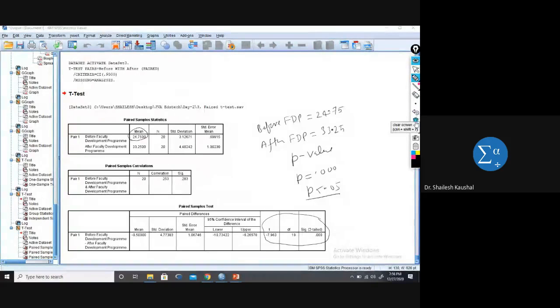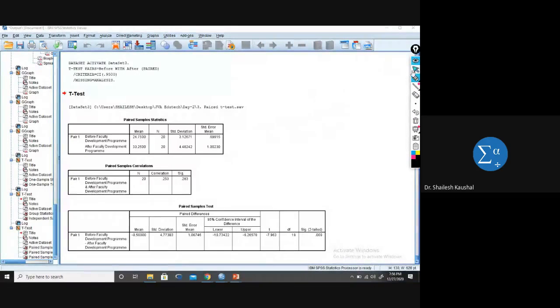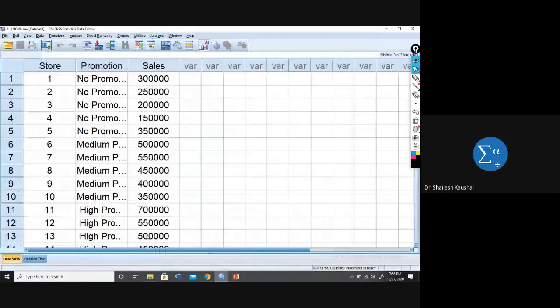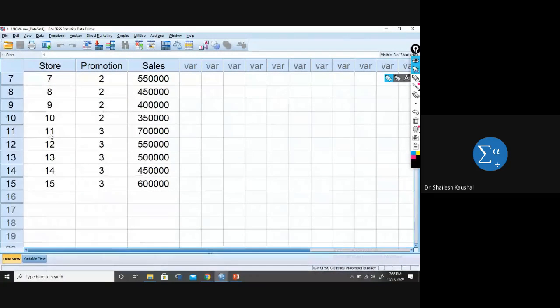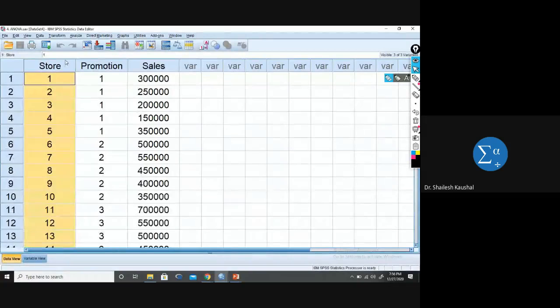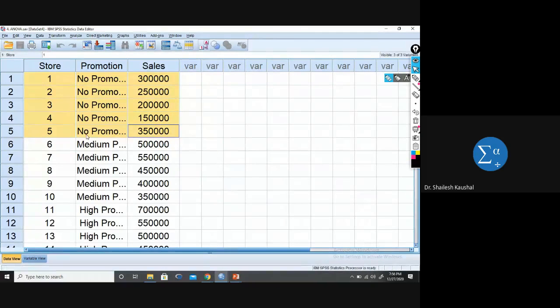Next case study, related to ANOVA. Okay, in this case study, we can see 15 departmental stores. In 5 departmental stores, we are not using any promotion.